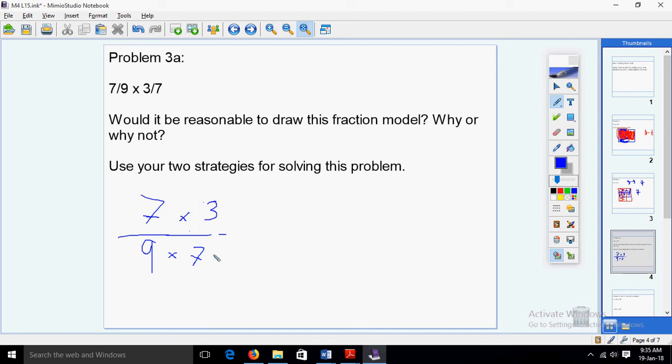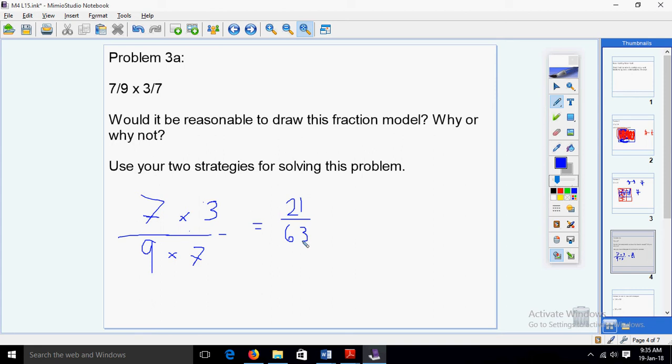All right, so 7 times 3 is 21. And then we have 9 times 7, which is 63. Now this is a pretty big number, but we can reduce.